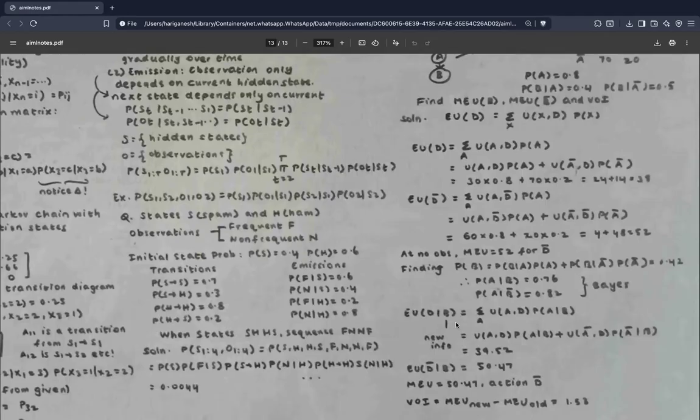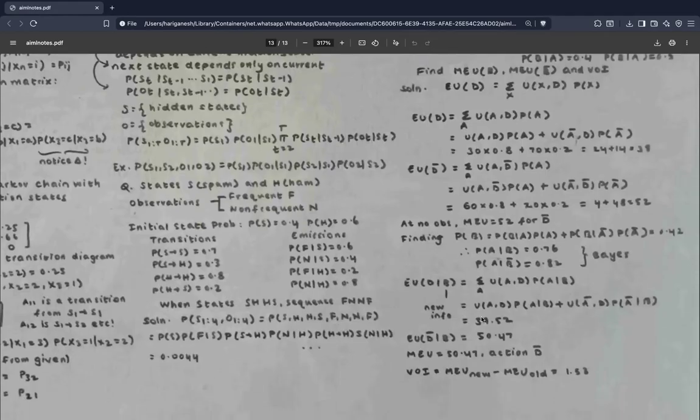So you repeat this essentially. So this is U of A comma D times the probability of A given B, plus U of A bar comma D times the probability of A bar given B. And then you repeat the same for the expected utility of D bar with new information, which is 50.47, which gives you the greater value here. So your maximum expected utility is 50.47.